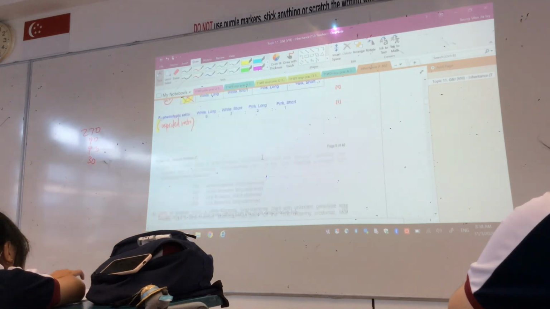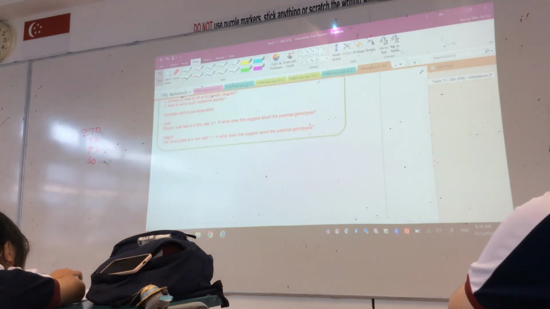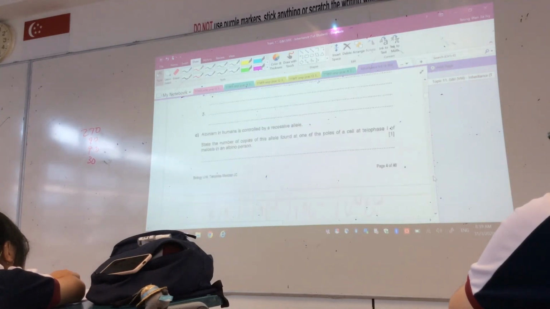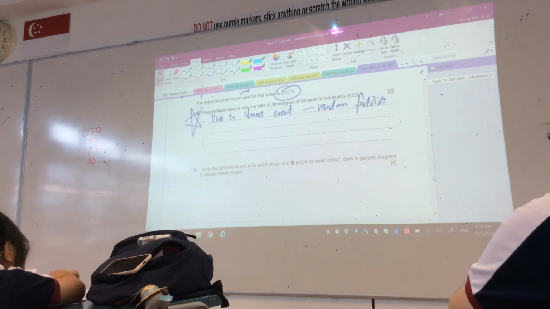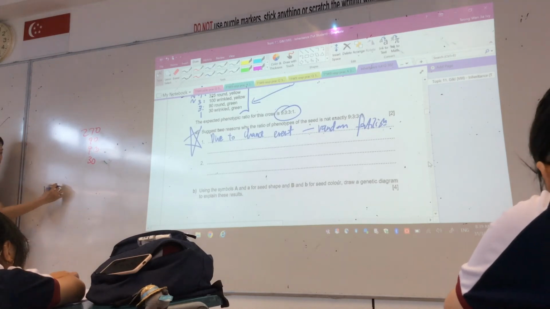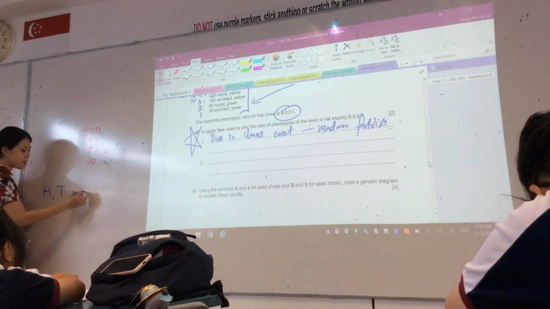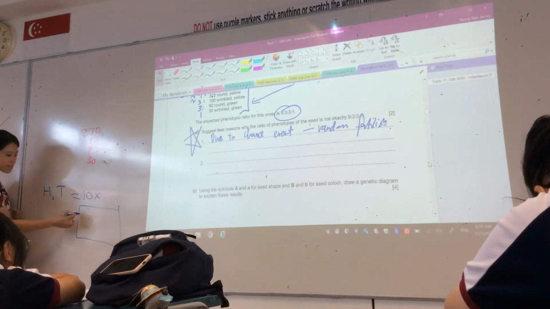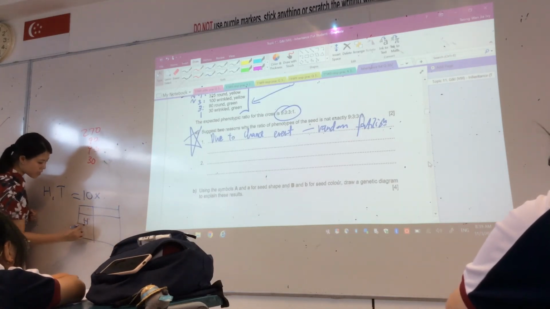Okay, so random fertilization is a chance event. Alright, and if you don't understand what is a chance event, the best example is tossing a coin. Okay, which was mentioned during the lecture. So if you have a coin and you have heads and tails, I toss the coin 10 times. Okay, what do you expect the number of times to get heads and what is the number of times I expect to get tails?